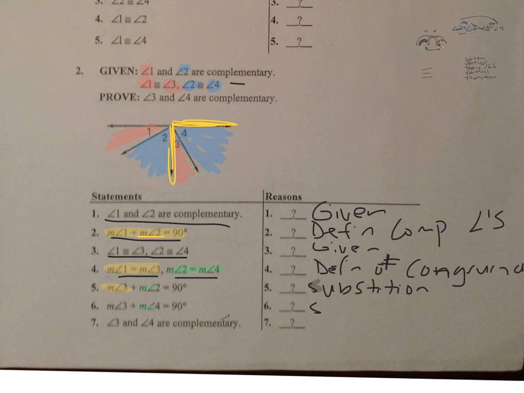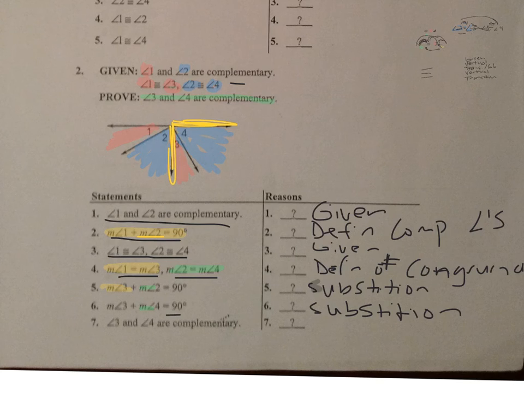So we swapped in a couple of times things that were equivalent to each other. And now we have the measure of angle 3 plus the measure of angle 4 is equal to 90 degrees. That's pretty darn close to what we're looking for, right? We wanted to prove up here that angles 3 and 4 were complementary. We've got the measure of angle 3 plus 4 equals 90 degrees. That's pretty darn close, but it's not quite there yet.